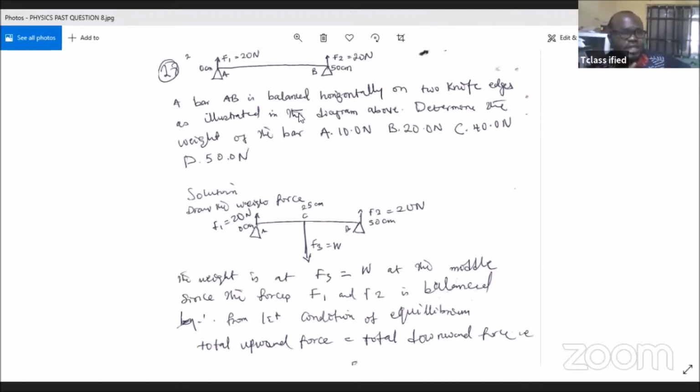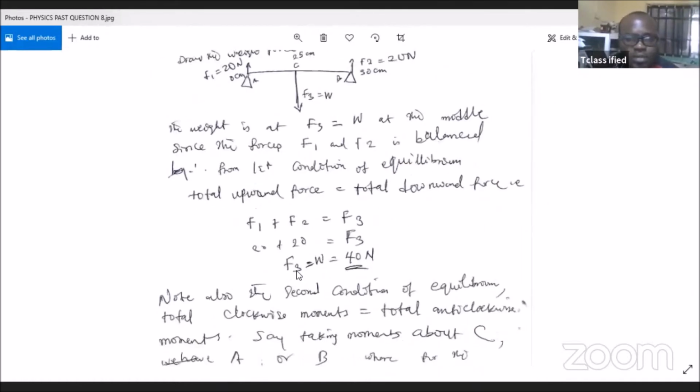The only thing in the second sketch is that we now indicate where the weight is acting, at the middle, and it's represented with F3. So F3 is equal to the weight W, at the middle of the forces F1 and F2. And it is the weight that balances F1 and F2. So we have what we call the first and second conditions of equilibrium.